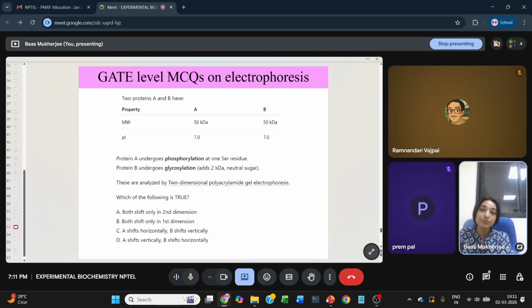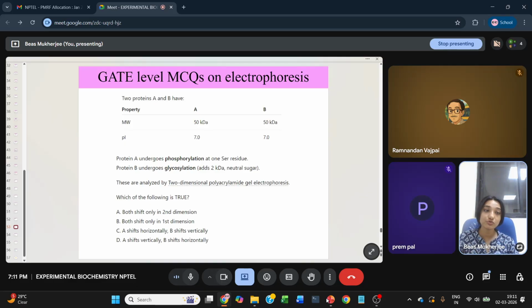Now, two proteins A and B, they are having the same molecular weight and same pi. Okay, so this is what we were talking about in the beginning of the class. See, so protein A undergoes phosphorylation at one serine residue. Protein B undergoes glycosylation and this adds 2 kDa. And the sugar moiety is neutral, right?